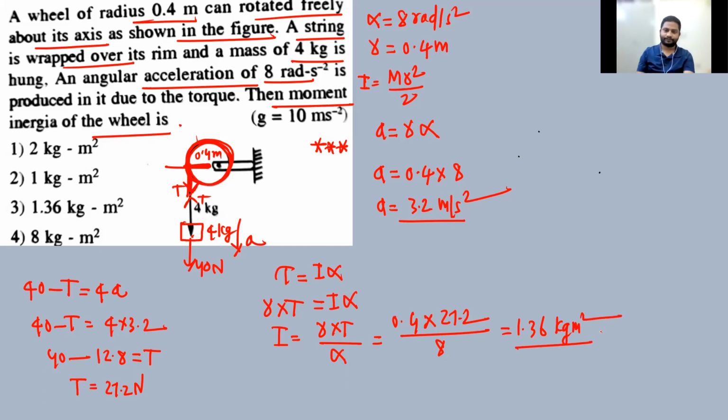So you can also solve like this. Numericals will be asked like this, and the concepts will be asked in some theoretical questions. This is how the chapter will be discussed, and tomorrow the chapter will be finished.